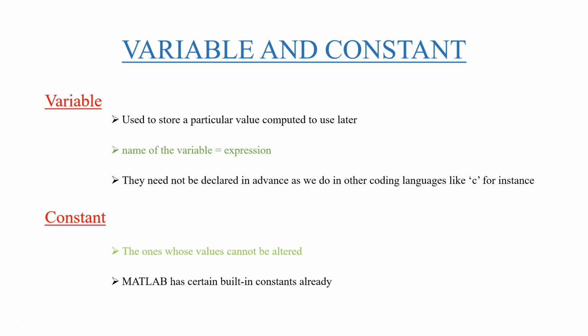Finally, what is meant by a constant? A constant is something whose value can't be altered later when we wish. For example, the value of pi is a constant. That's already there in MATLAB, and MATLAB has certain built-in constants already. I will now explain certain constants that are already there in MATLAB.